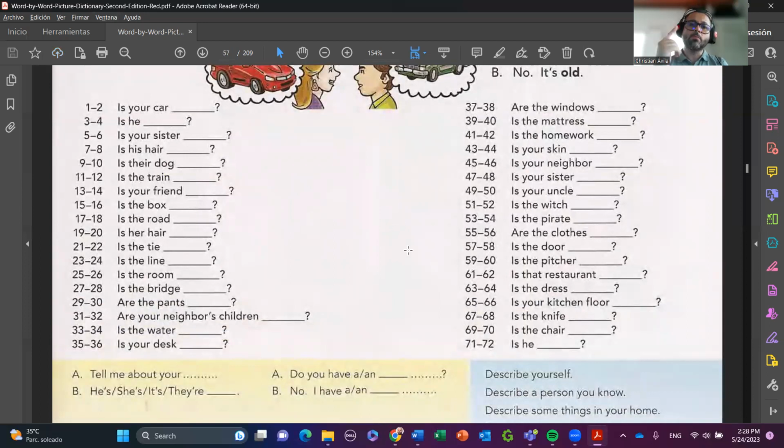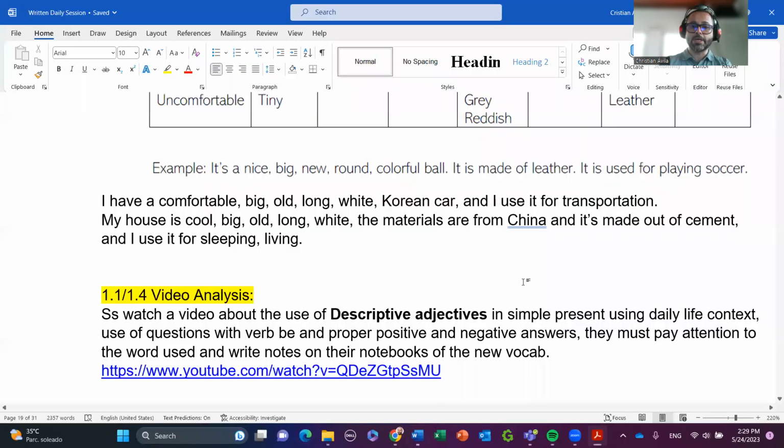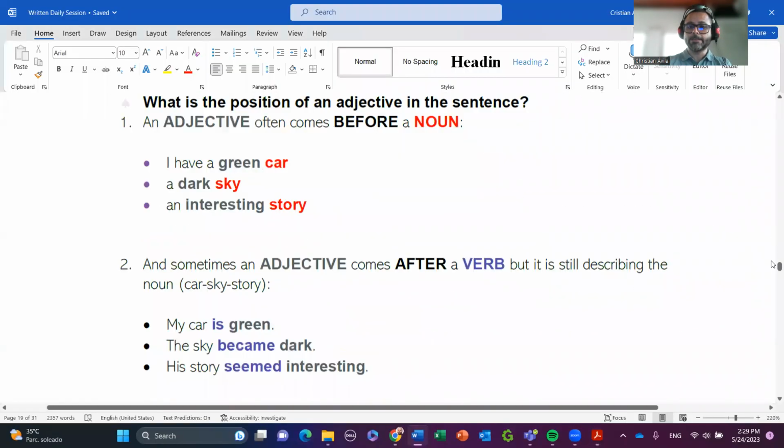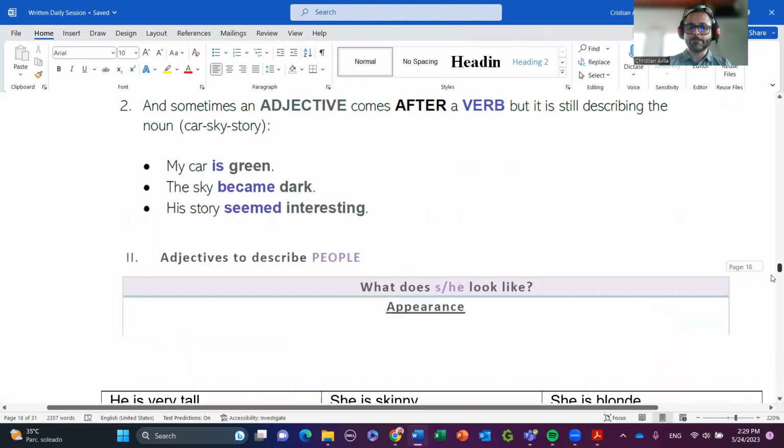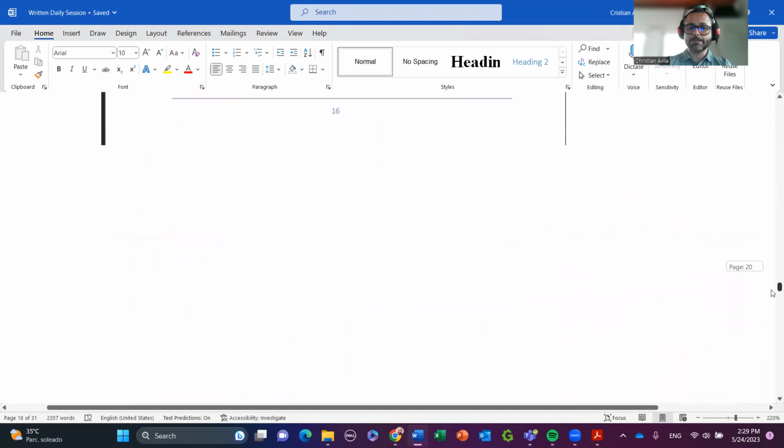And then one more thing you are going to do is, because we're starting with a new topic, and the new topic is the use of do and does to express likes and dislikes, but also the use of this verb and other verbs in simple present tense. So for that purpose, you are going to complete this exercise. Just one second.